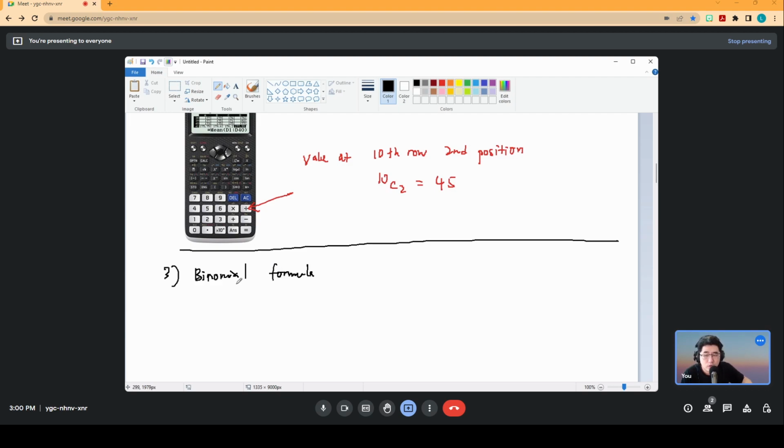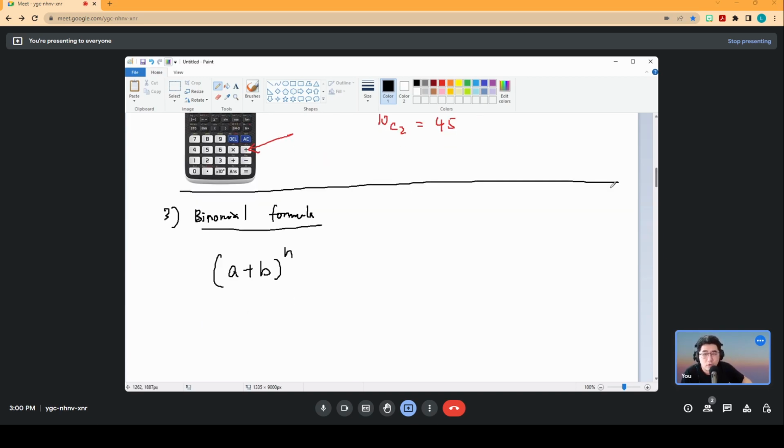If you have (a plus b) to the power of n, where n is a positive integer, this is your front term and this is your back term.